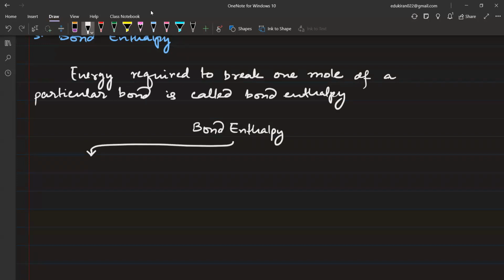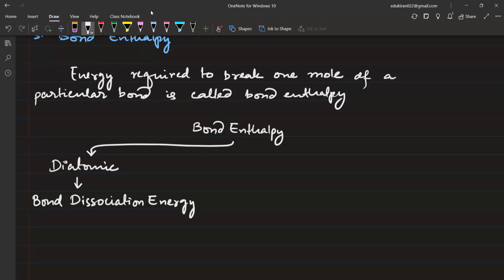If I talk about the bond enthalpy for diatomic molecules such as H2, Cl2, Br2, where you have 2 atoms, then it is just the bond dissociation energy. अगर आपको थोड़ा याद हो, bond dissociation energy or bond energy, we have learned this in the chemical bonding chapter.